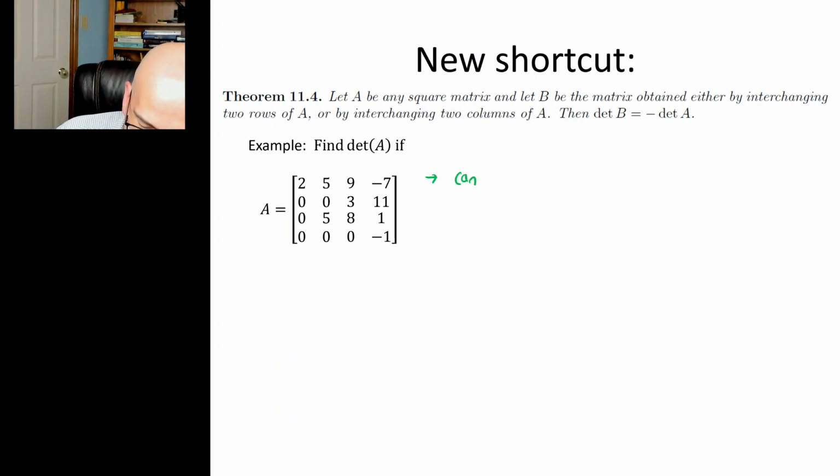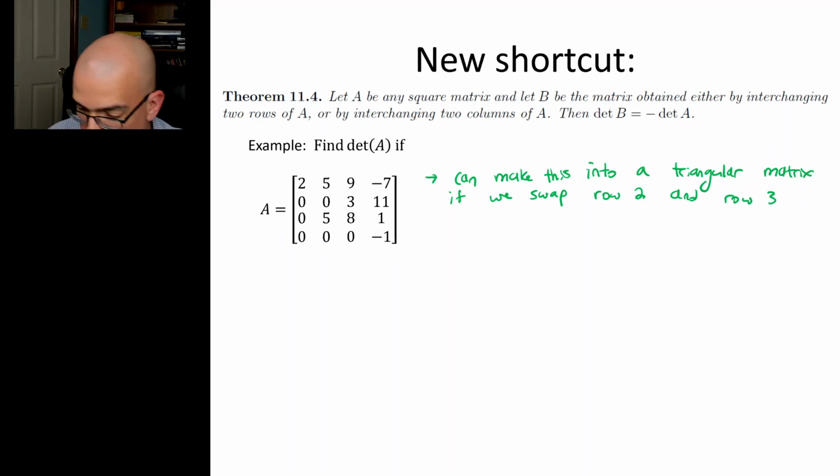So we can make this into a triangular matrix if we swap row 2 and row 3. So notice what will happen if we do that.